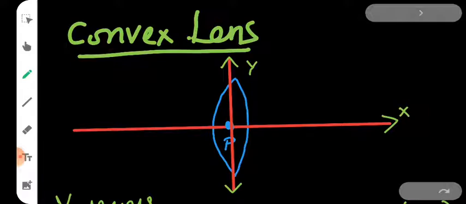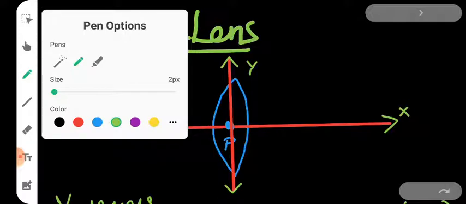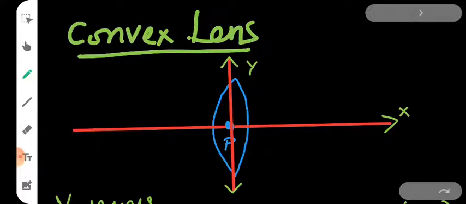For that, let me mark a few things. Throughout the ray diagram studies, I will be keeping the object on the negative x-axis. So any distance measured on the negative axis will be negative. Before I go into the object, let me mark the center of curvature.